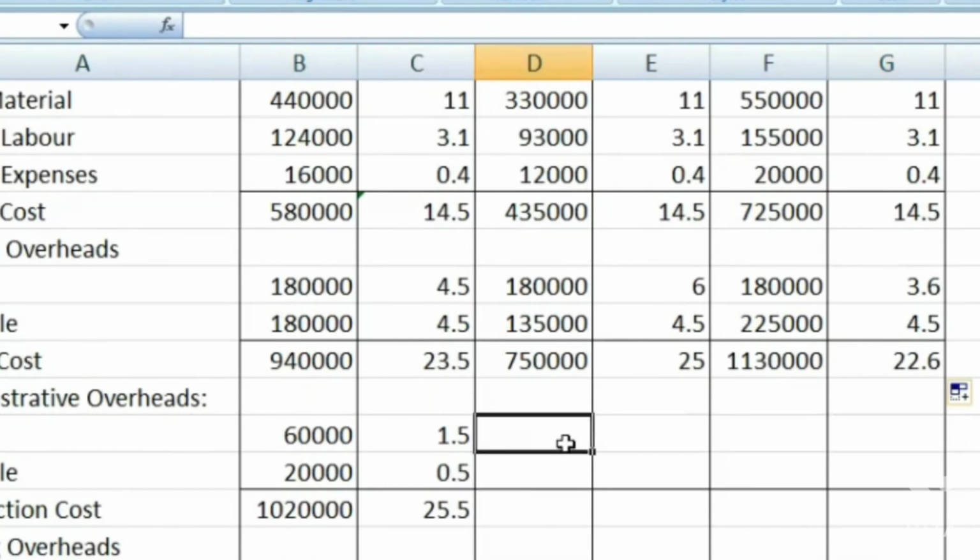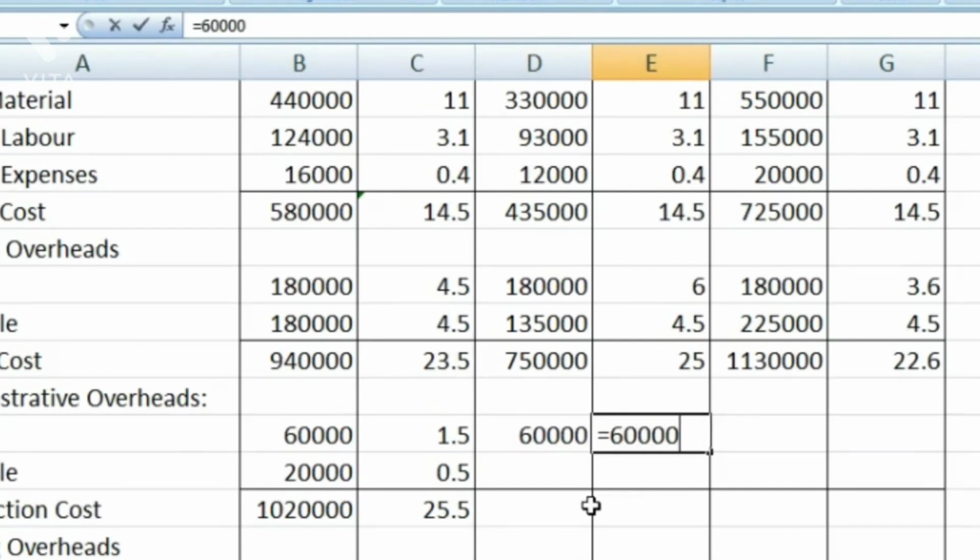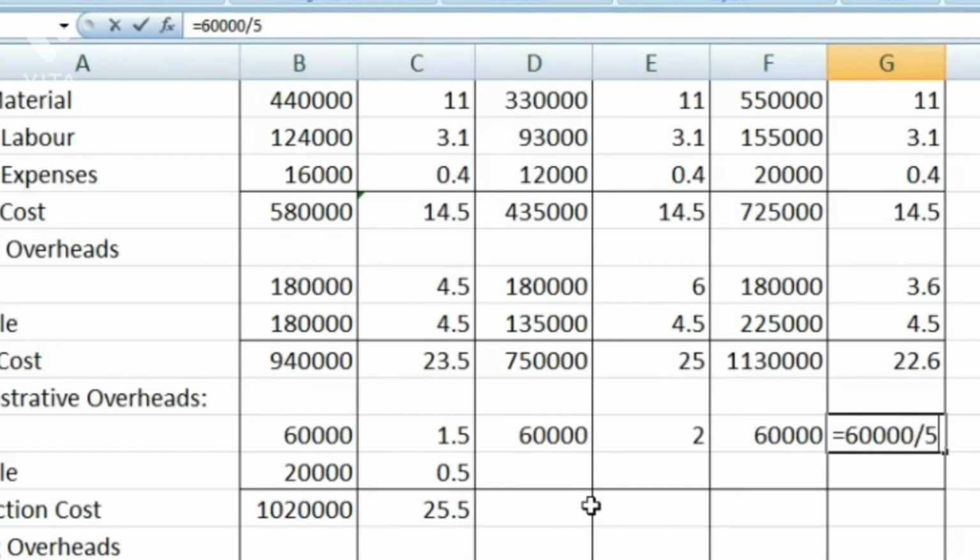Next, the same fundamental is used here. This is fixed, so fixed here is 60,000. 60,000 divided by 30,000. And here 60,000 again, divided by 50,000. Okay, now variable cost 0.5.